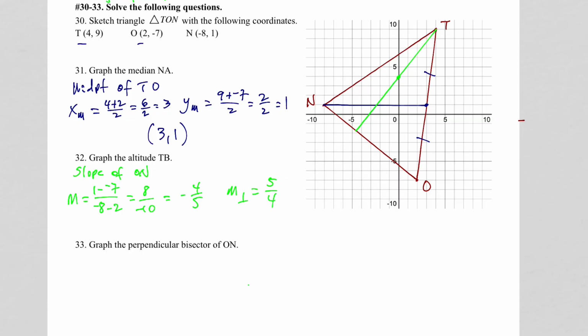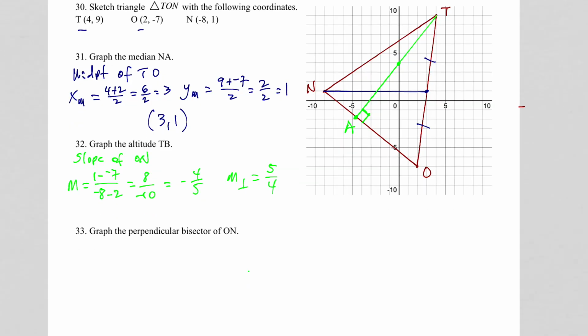And because I know that this line is perpendicular to this line, because it has opposite reciprocal slopes, I know it's hitting this at a right angle. So I'm going to draw a dot there and call this A and put that there to show that it's at a right angle.